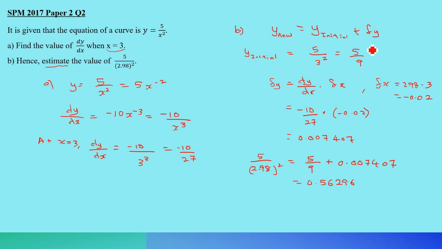And these changes, be careful, you can have a plus or minus. In this case, because both are negative values, it ends up being a positive. Sometimes one is positive, one is negative. This can be a negative, then don't forget to put negative here. Don't always think it must be a positive.